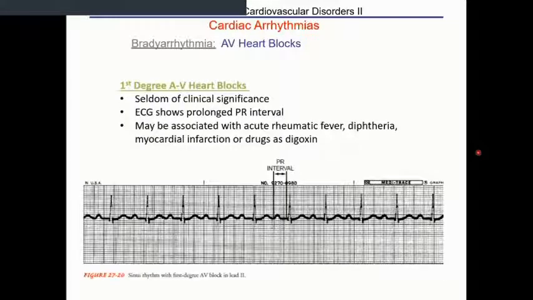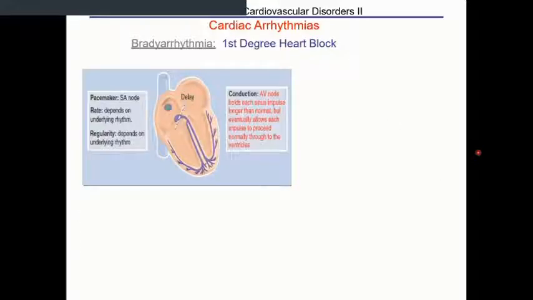So let's take a look at your first degree AV heart block. As we have mentioned earlier, this is seldom of clinical significance. What you can see in the ECG is a prolonged PR interval, and it may be associated with acute rheumatic fever, diphtheria, myocardial infarction, or drugs such as digoxin.